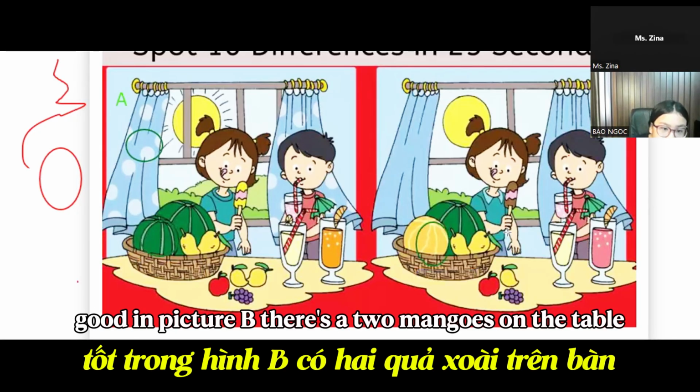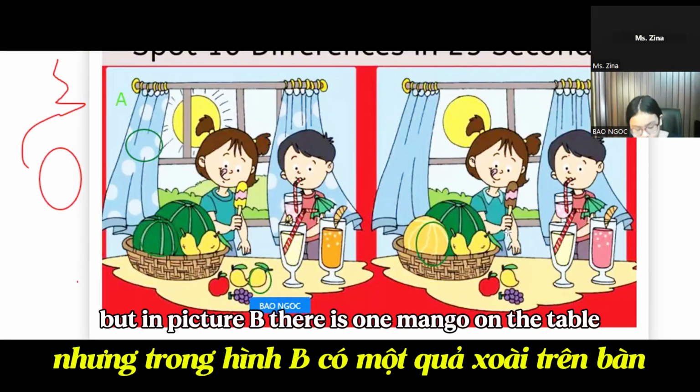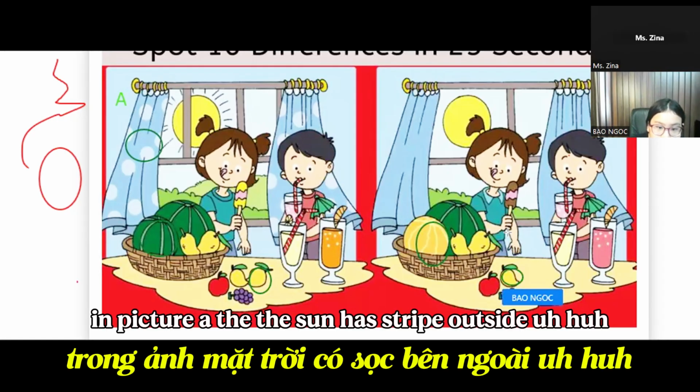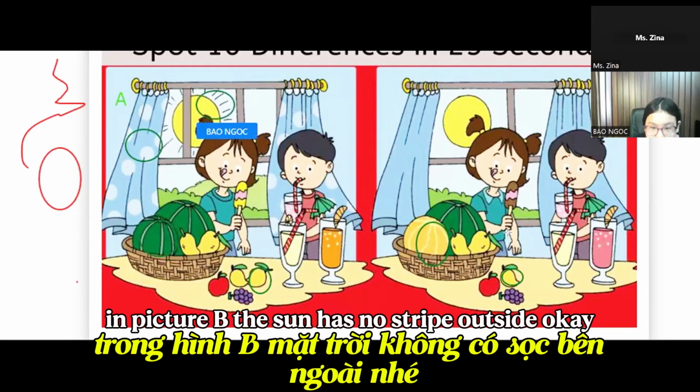Good. In picture A, there are two mangoes on the table, but in picture B, there's one mango on the table. Excellent. In picture A, the sun has stripes outside. In picture B, the sun has no stripes outside.